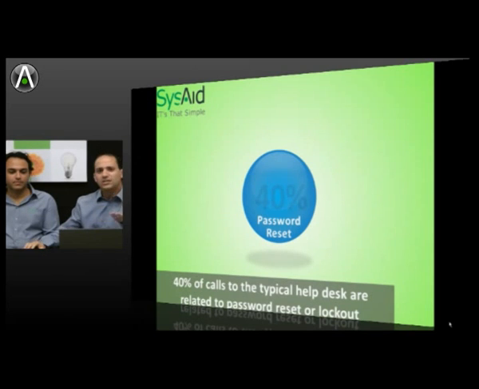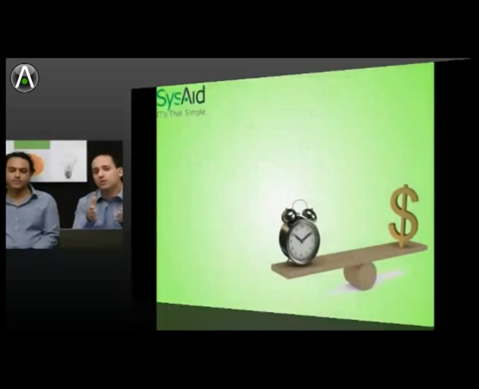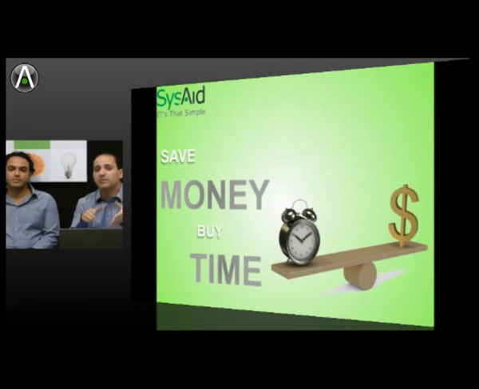So when SysAid thought about this matter and this huge percentage about password reset, that's why we want you, starting from today, to save money and buy time. Because if you save your money and buy your time, you can do a lot of things, because time is the most valuable thing that you may have during your work.